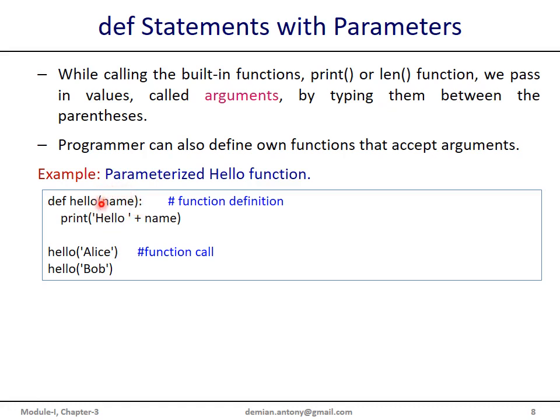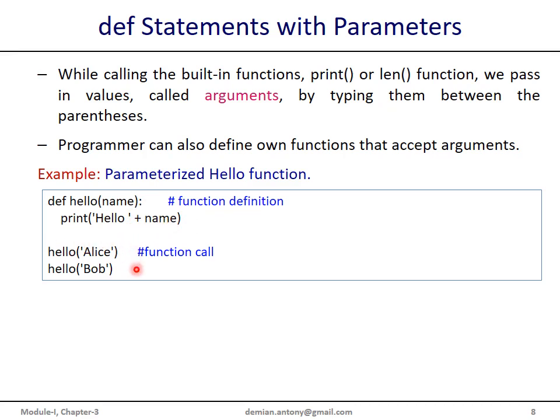This is also called a formal parameter, as it is found in the function header. In this function header or function definition, we have only one parameter, called name, and the body consists of a single statement, print hello and the parameter name with the concatenation operator.